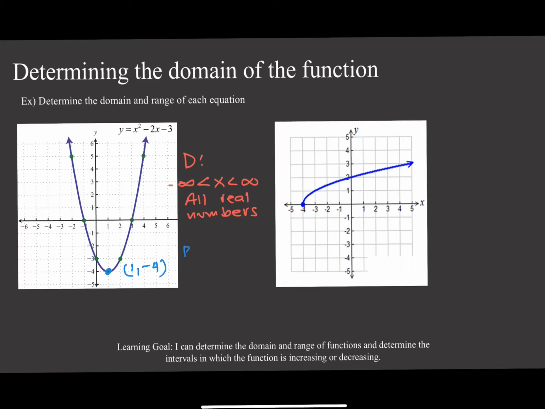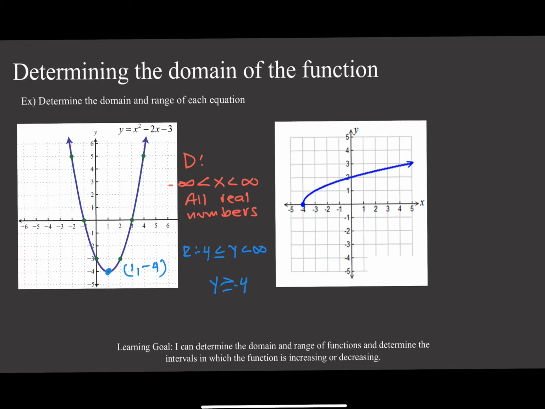So for our range, we can simply say that it is any y value greater than or equal to negative 4, but less than infinity. Likewise, you could just say any y value greater than or equal to negative 4, which means the exact same thing. So therefore, for this parabola, we have a domain of all real numbers, and we have a range of any y value greater than or equal to negative 4.